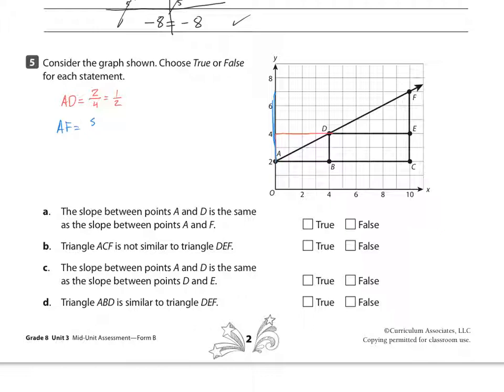That is going to be 5. And now you're moving from 0 all the way to 10. So 5 over 10, and that's going to give you 1/2. So the slopes are the same. So we're going to put true.